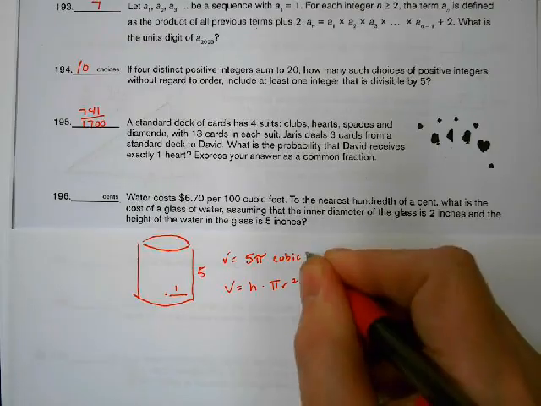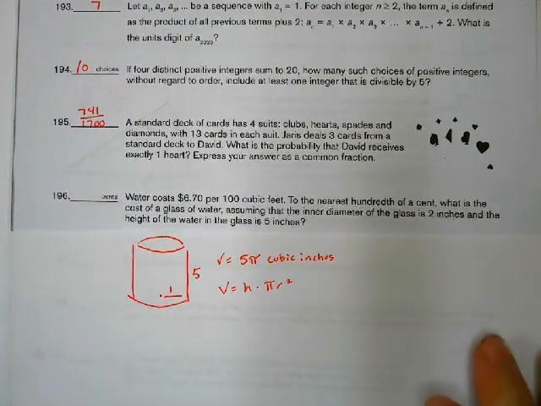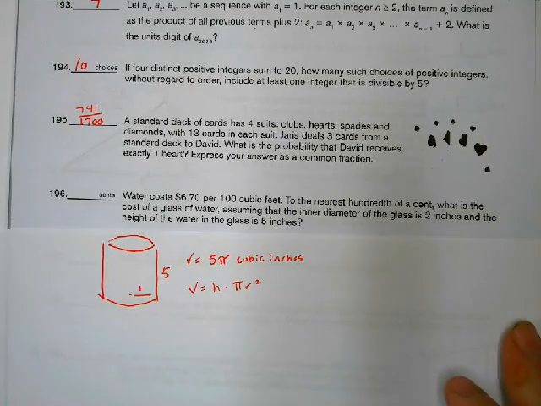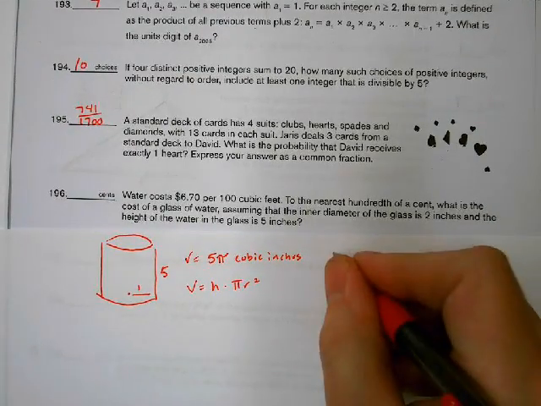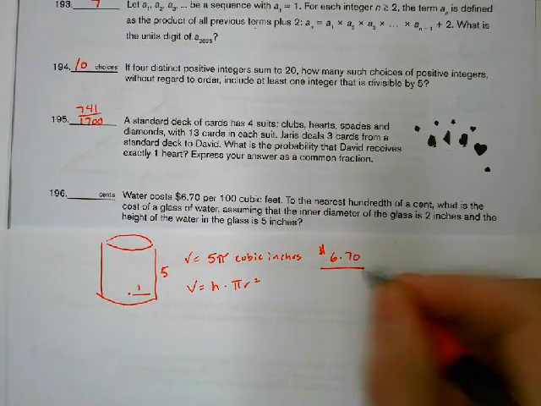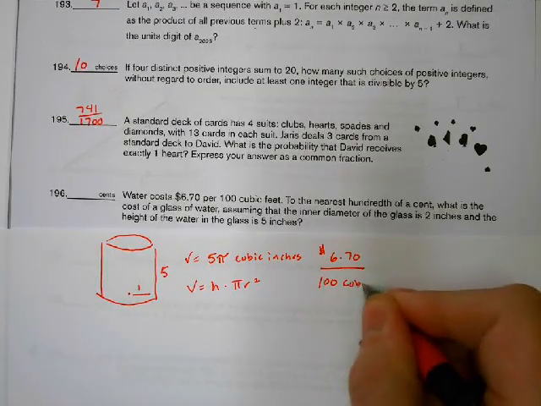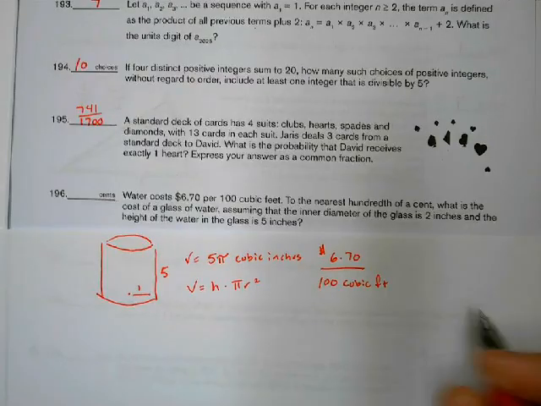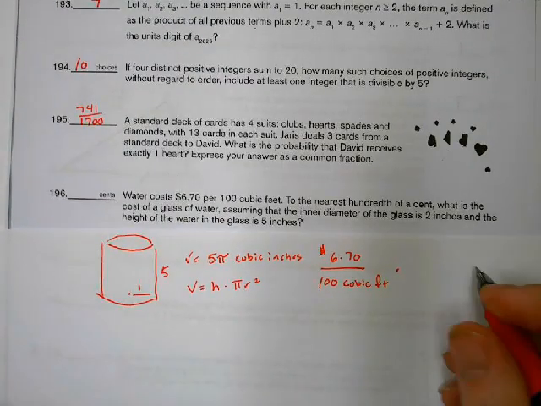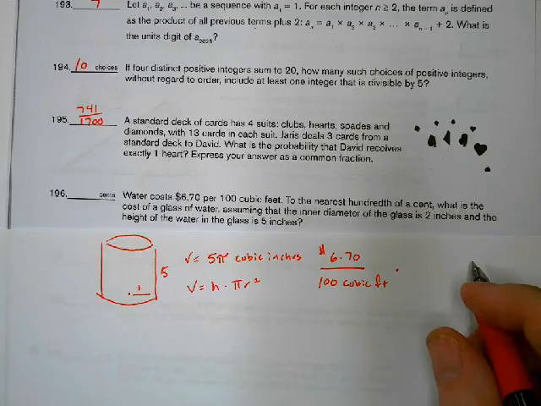All right, so now it is just a conversion problem at this point. We've got $6.7 over 100 cubic feet. And now we need the conversion of cubic feet to cubic inches. So in cubic inches, we've got inches times inches times inches.